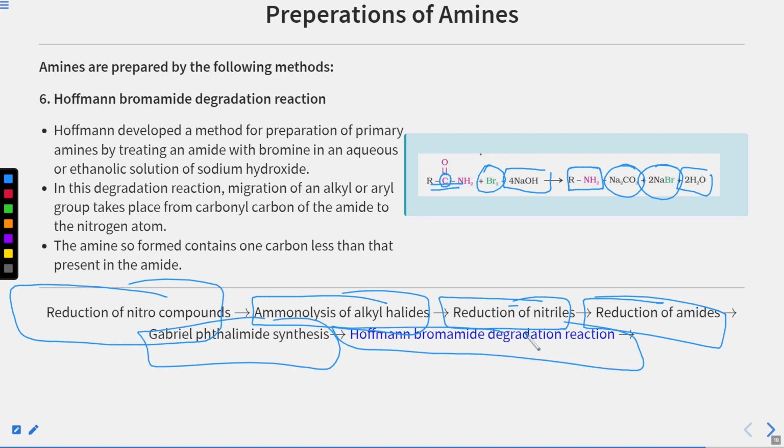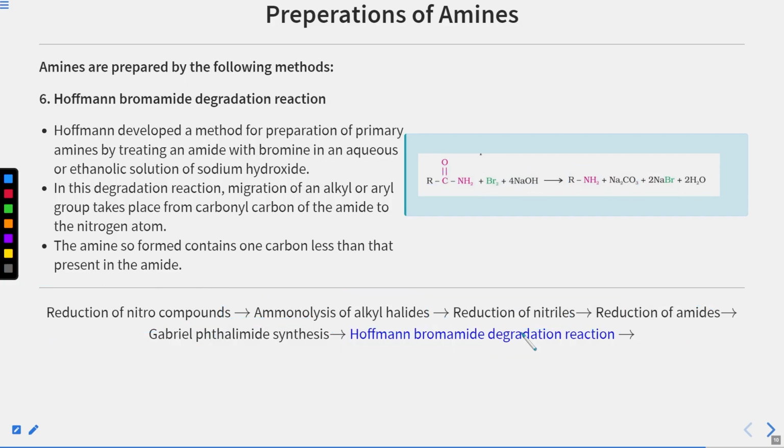Now, primary amine can only be produced using nitrile reduction and the Gabriel phthalimide process. And second thing, Hoffmann bromamide degradation results in an amine that has one carbon less than the initial amide. So this is the preparation method.